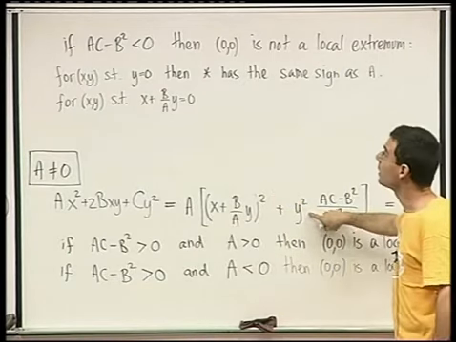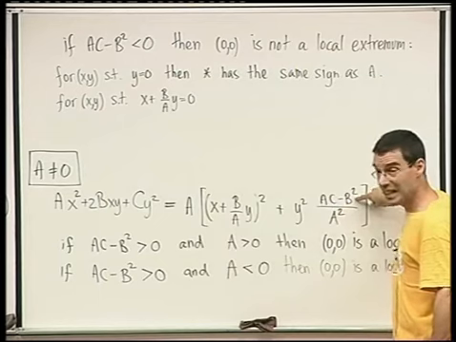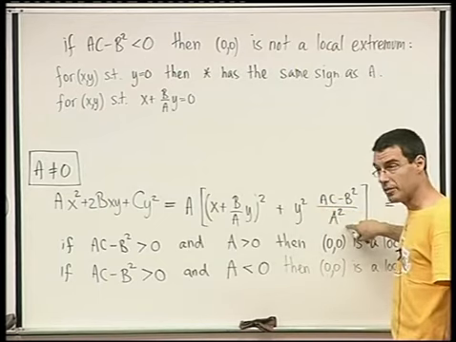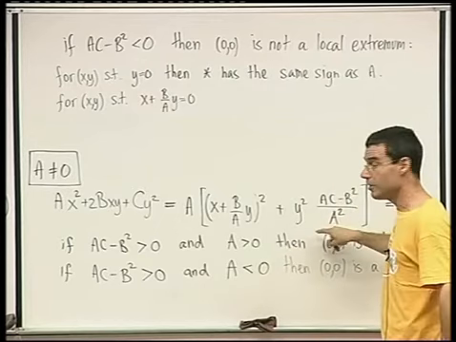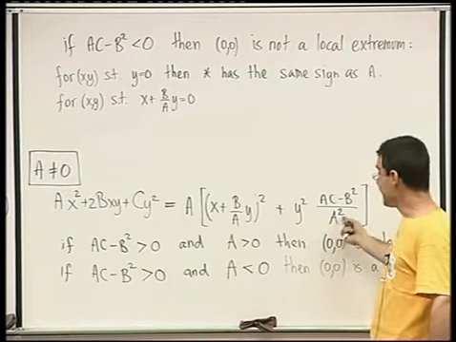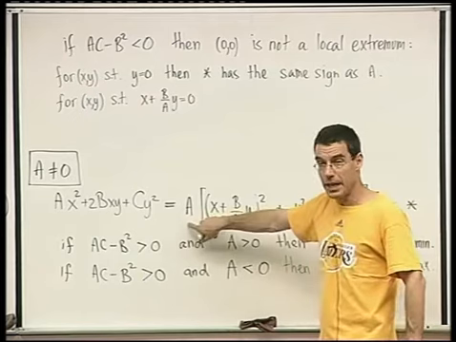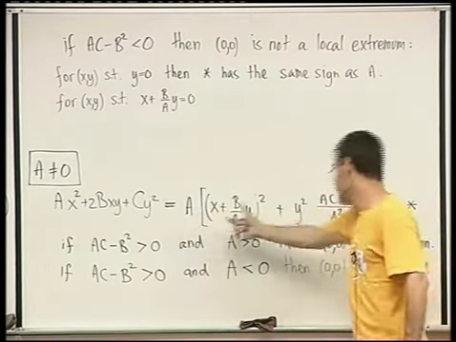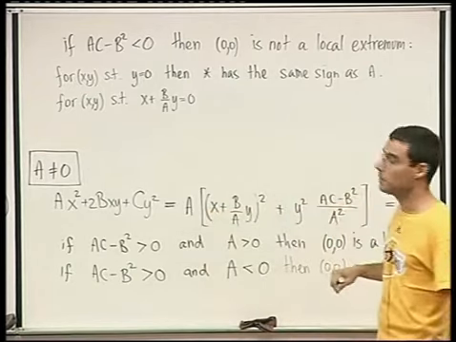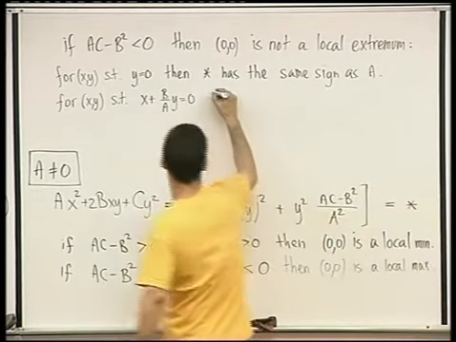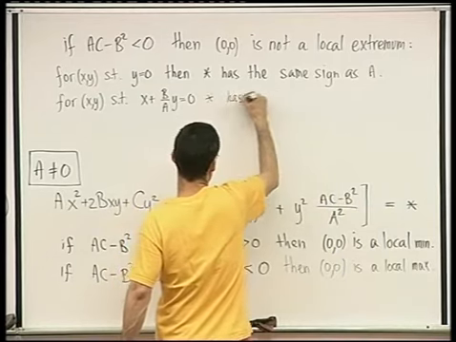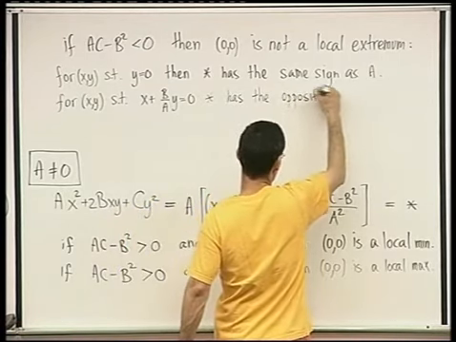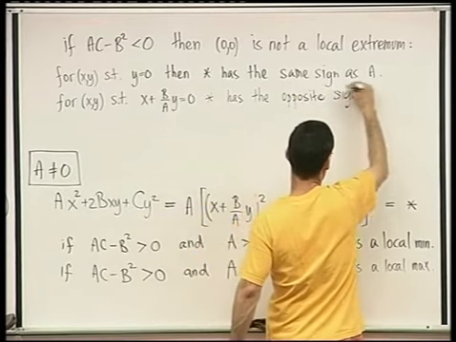What about this thing? ac minus b squared is negative. I'm multiplying it by things that are non-negative, so the entire thing is negative, right? And then I'm multiplying it by a, so it has the opposite sign of a. If a is positive, it's going to be negative. If a is negative, it's going to be positive. So star has the opposite sign of a.